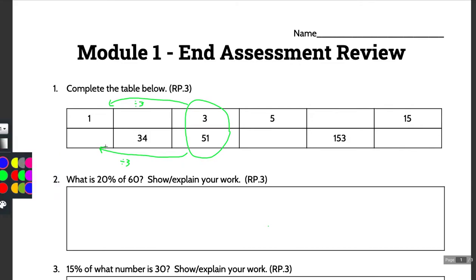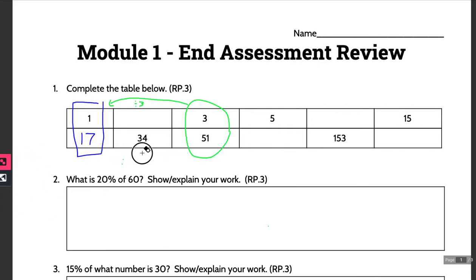I'm going to use a different color. 17. The nice thing about this is that it is a unit rate because it is 1 to 17. So you can use this unit rate now to solve everything else. Let me get rid of this.